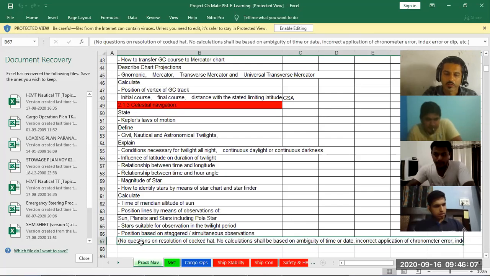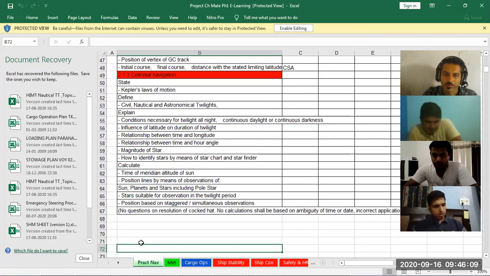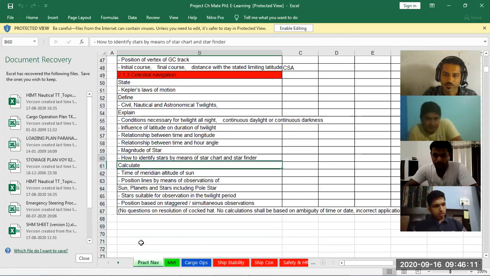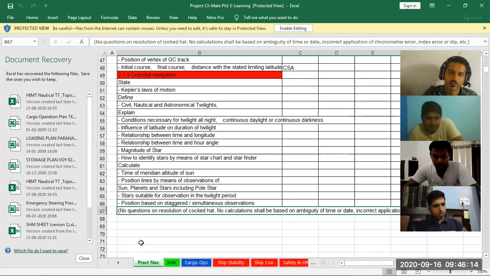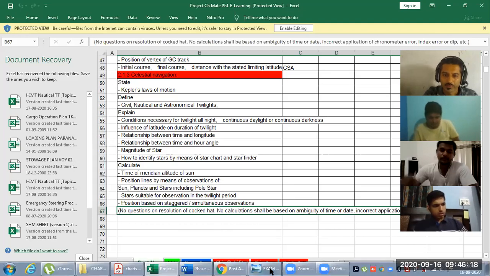Now cocked hat, it was there previously, but now it is removed. So, or some cocked hat without the ambiguity might be asked. So this is your syllabus.